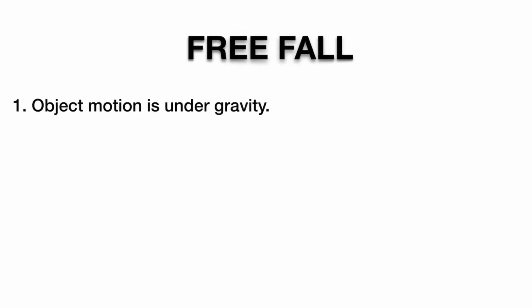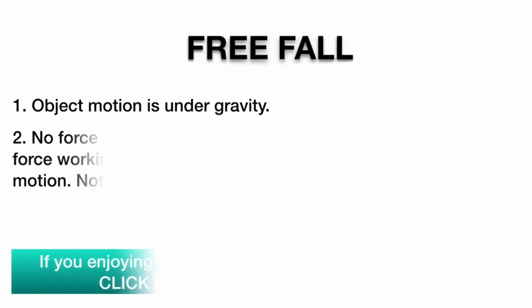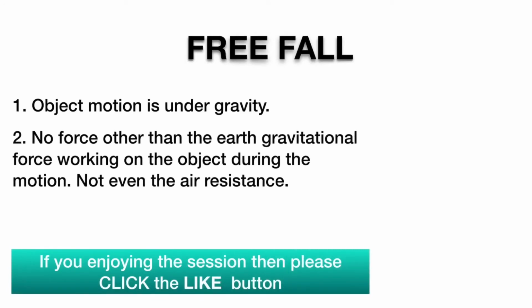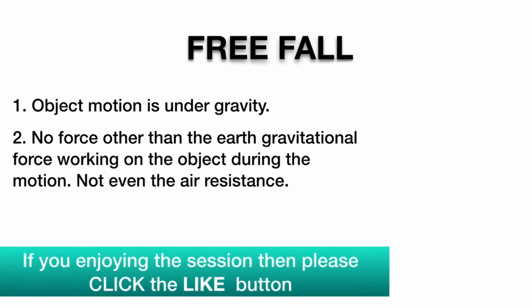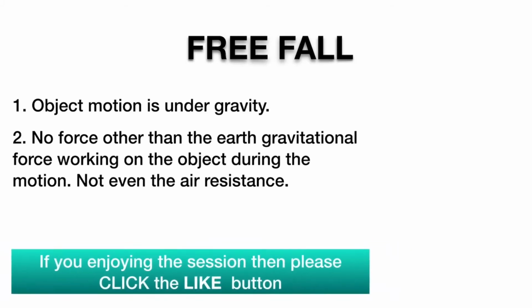Let's summarize the learning. An object's motion is considered as a free fall if the motion is under gravity and no force other than the Earth's gravitational force is working on the object during the motion, not even the air resistance. All the motions satisfying the above two conditions can be considered as a free fall, even if they are moving up or down.